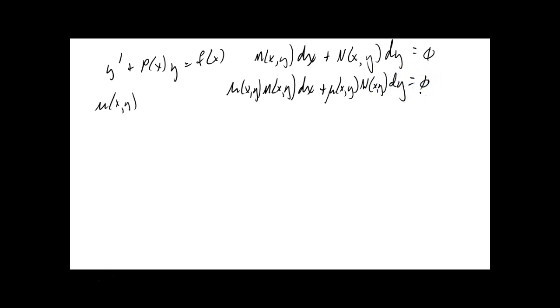Then we proceed, and if we can find the integrating factor that will make that pass our test, then we use it. So that's what we're trying to do now: find a mu that, when you do that, you get an exact differential.